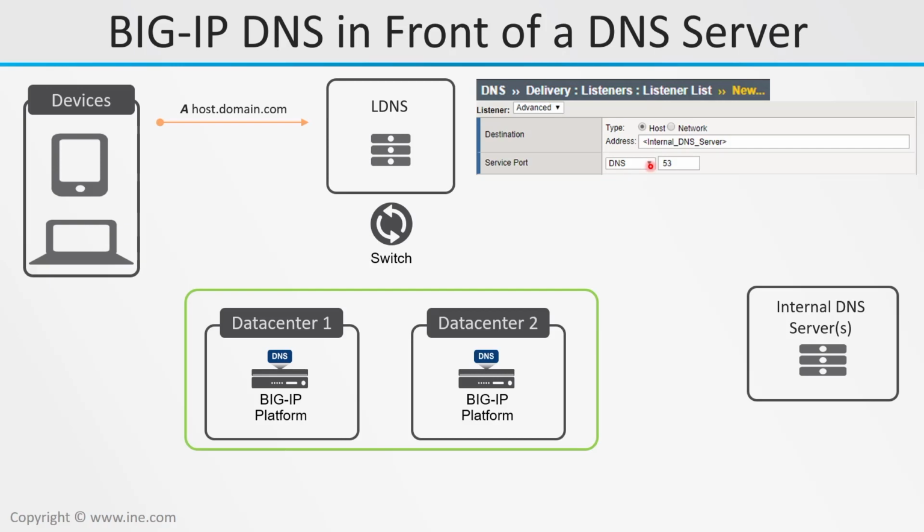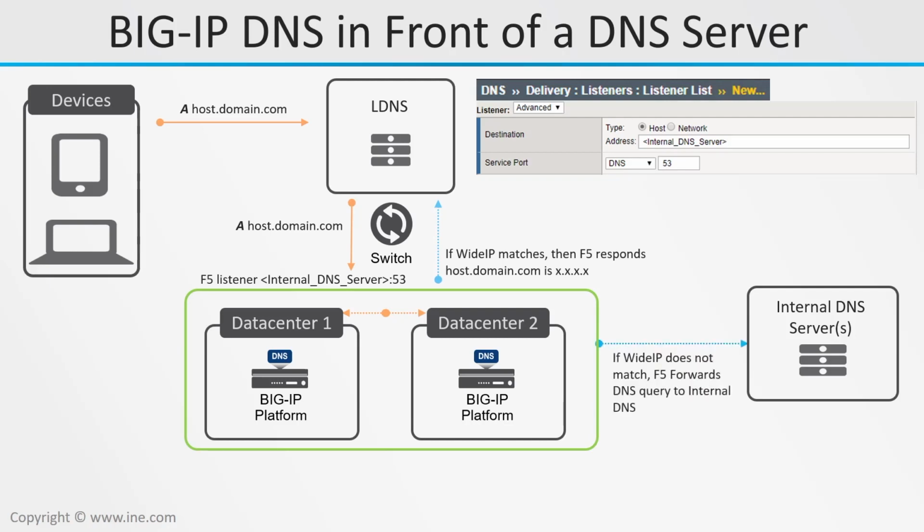Okay, so a request comes into the local DNS, which sends it to the internal DNS server that we've configured. If the F5 has a wide IP that matches, then the F5 responds with the record and sends it back to the client.